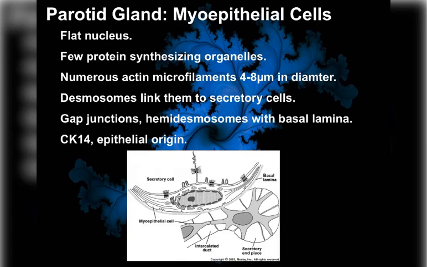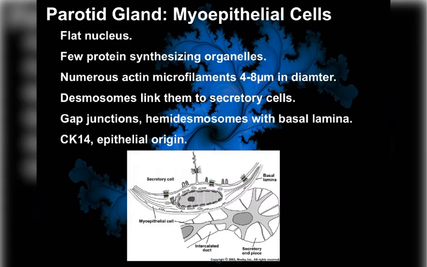They have a flat nucleus, as you see here. They have few protein synthesizing organelles and numerous actin microfilaments, 4 to 8 micron diameter. They have desmosomes linking them to secretory cells, like these desmosomes.